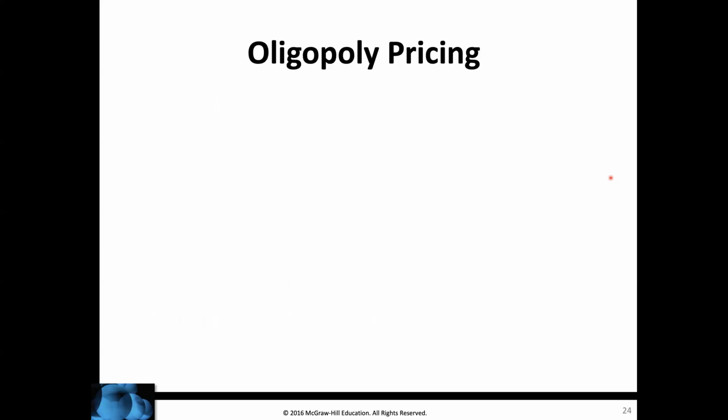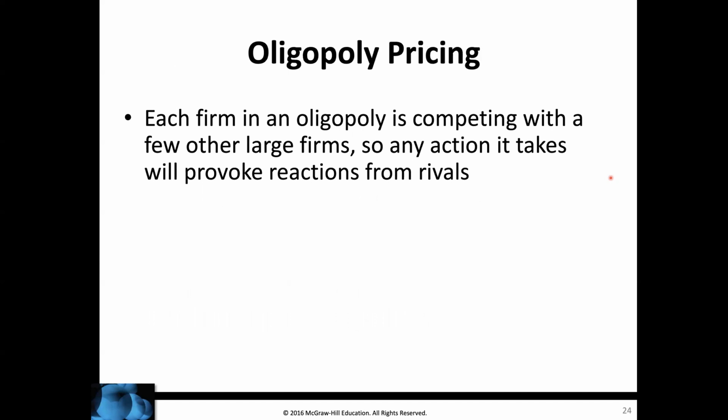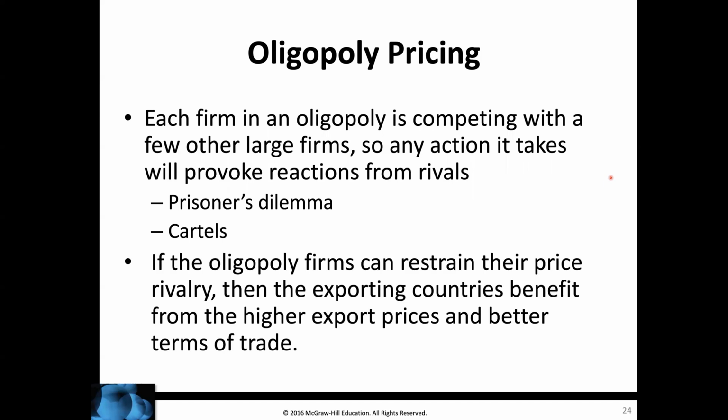So what about oligopoly pricing? How do they do pricing? Well, each firm in an oligopoly is competing with only a few other large firms, so any action it takes will provoke a reaction from rivals. If they lower prices, then the rivals will also have to lower prices. We can look at the prisoner's dilemma and cartels to show us what effects may happen within oligopolies.